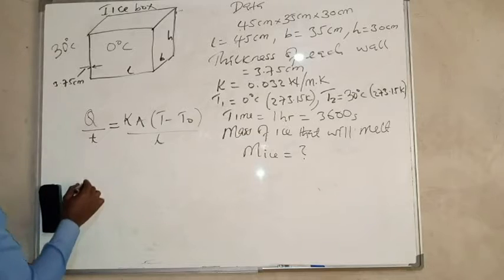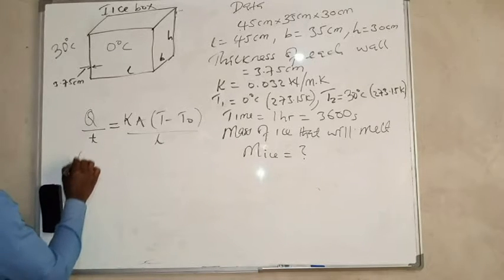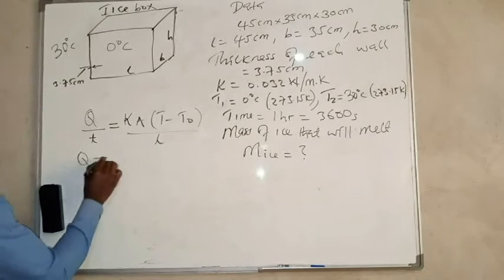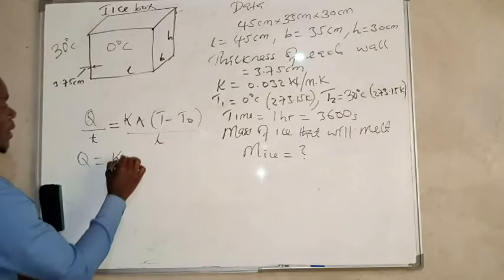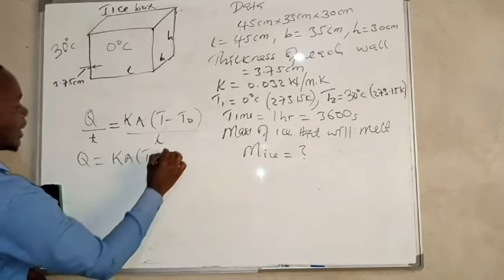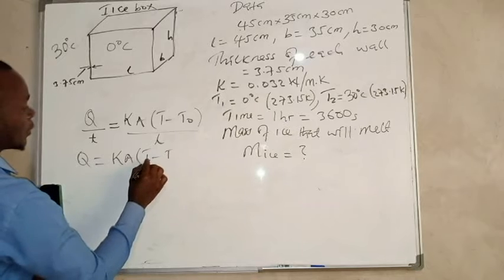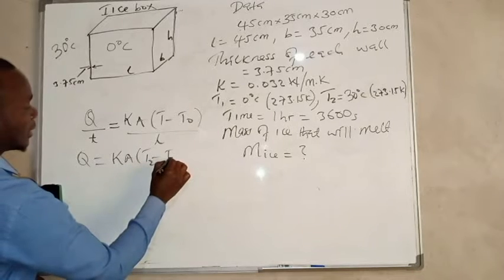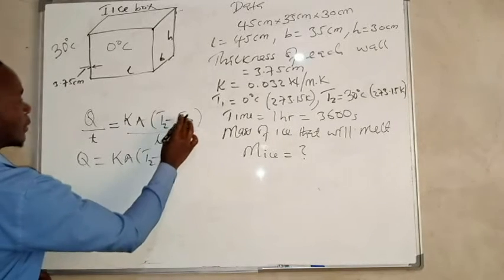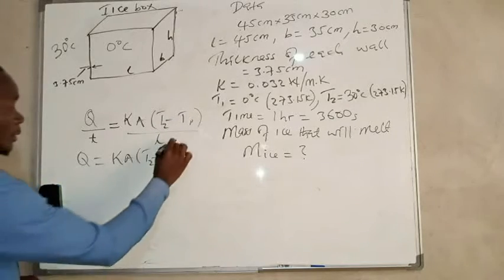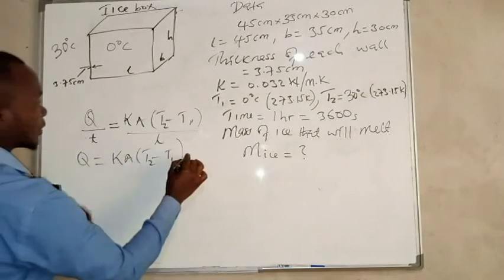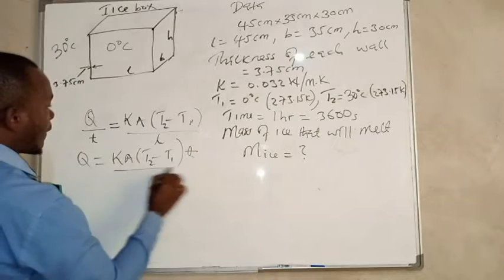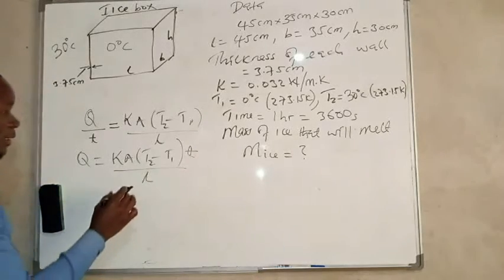If we make Q the subject, we have energy Q is equal to K A (T2 minus T1) times t over the thickness.